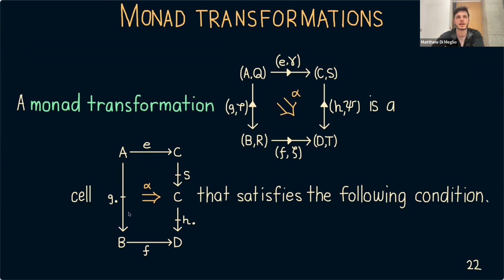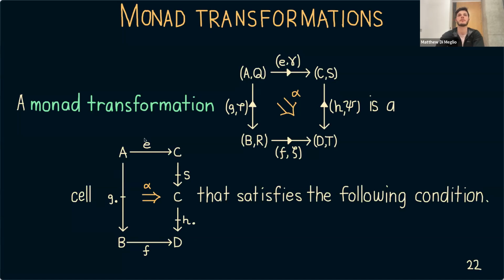It looks kind of asymmetrical, but there's an equivalent formulation of a monad transformation which also has a copy of R down in the bottom left-hand corner, which brings the symmetry back to the whole thing. But the R in the bottom left-hand corner turns out to be redundant, which is why we present it this way.